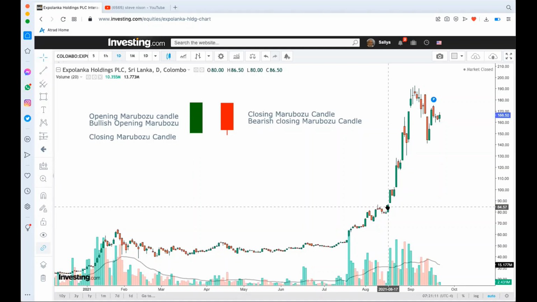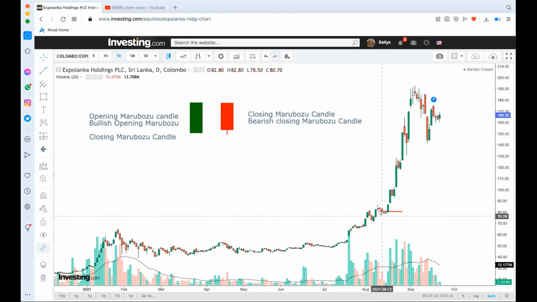The volumes have increased. Previous day's volume, you can see, is something like 1.5 million shares. I'm talking about this candle, and the high of that candle is 81 rupees. So basically, this was the level, right? This was the level.